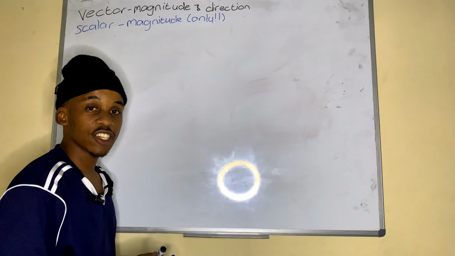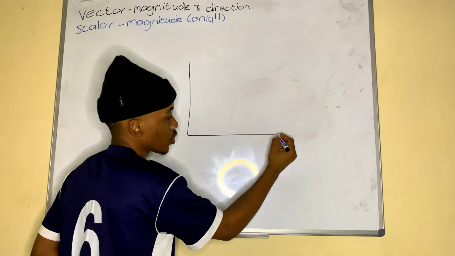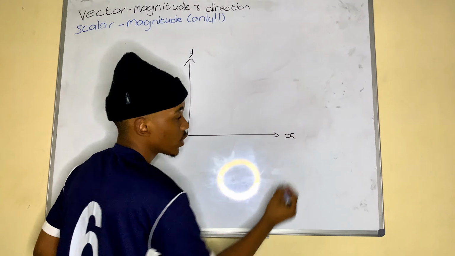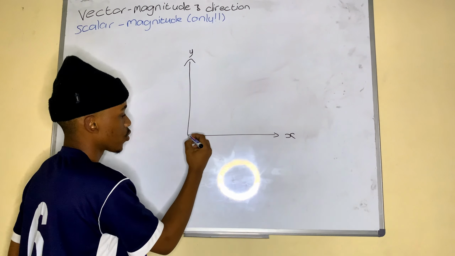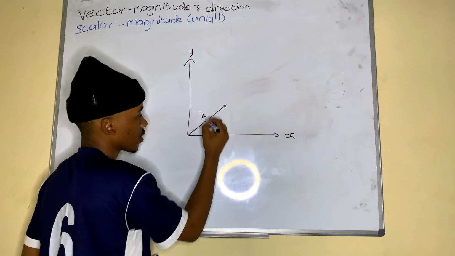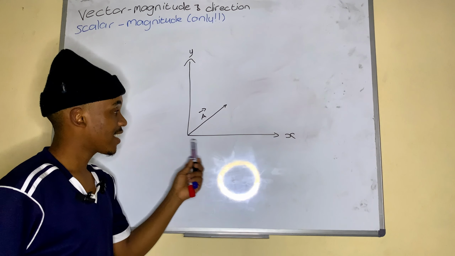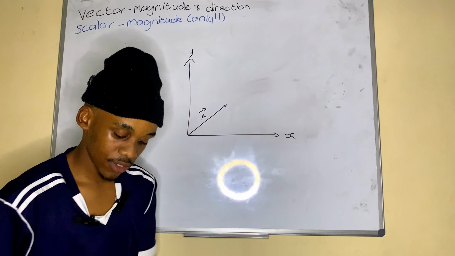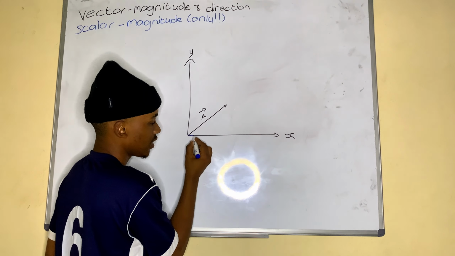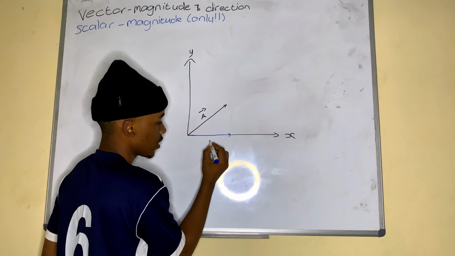A vector can be expressed using its components. So if we take our coordinate system and we place a positional vector A, this vector has x and y components. So its x component would originate from the center until it reaches a value over there.